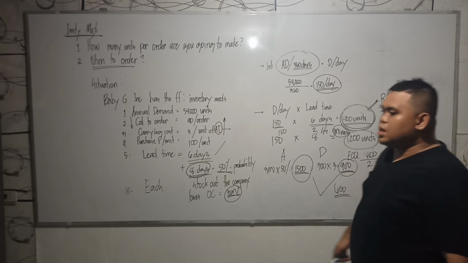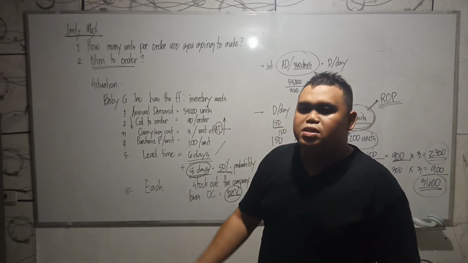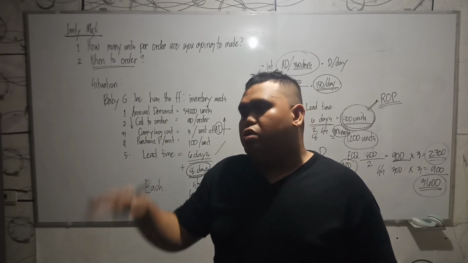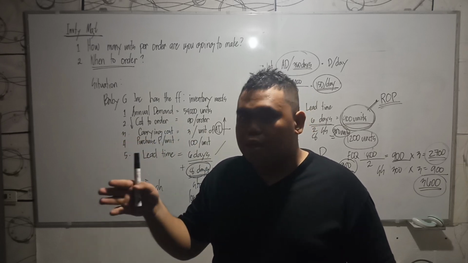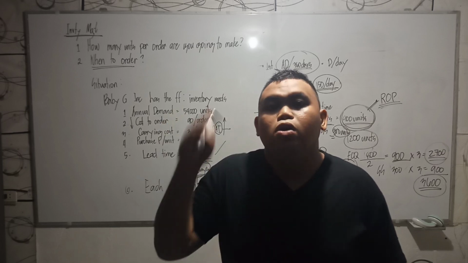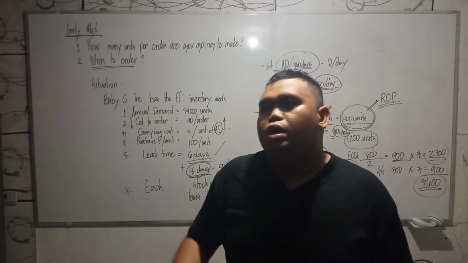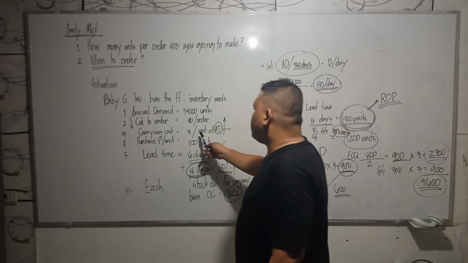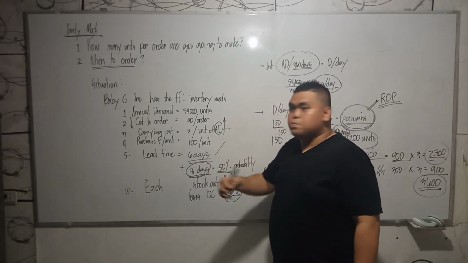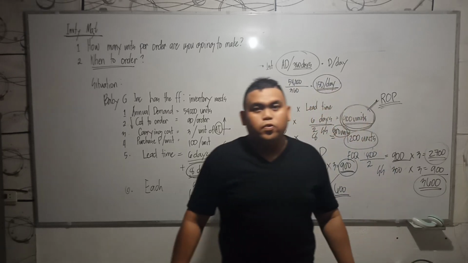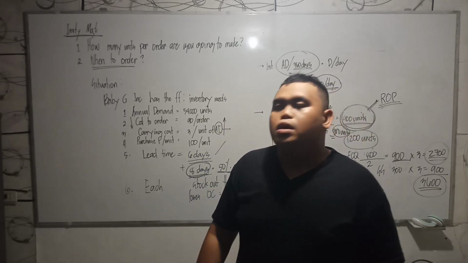But the disadvantage, again, if you have another safety stock, your average inventory will be bigger. So your average inventory that was computed based on your economic order quantity will be added by the safety stock. And after that, it will be multiplied with the carrying cost per unit or the cost of preserving those inventories. So that's it for inventory management.